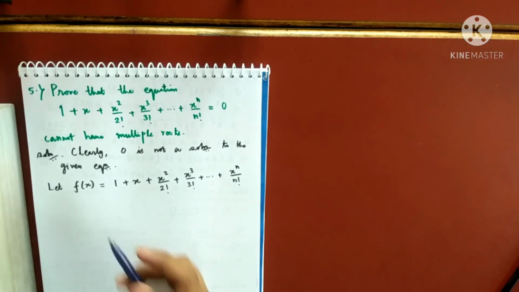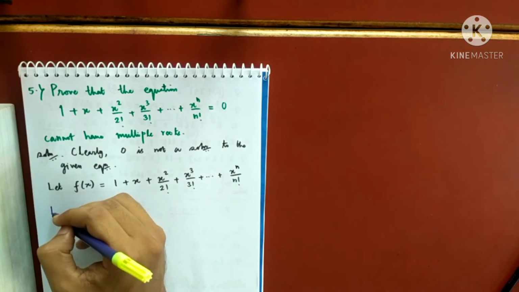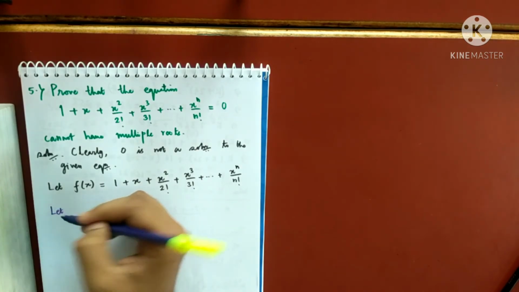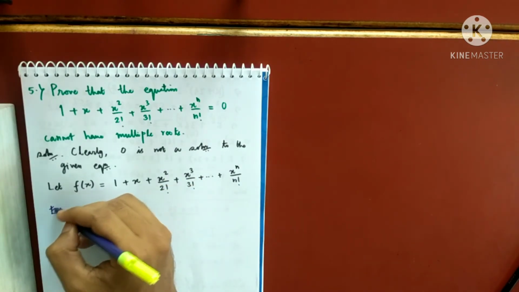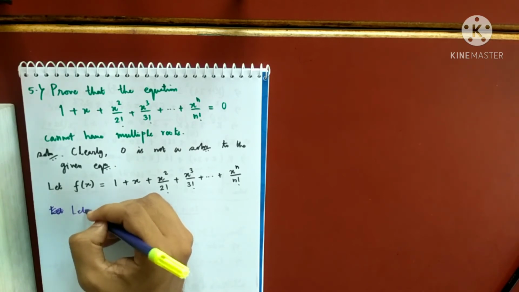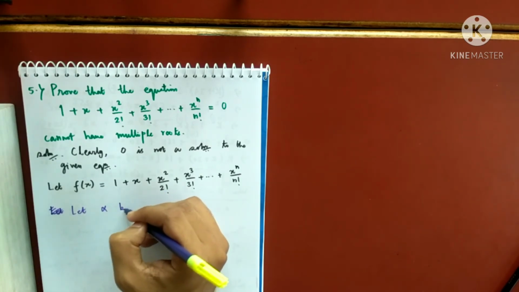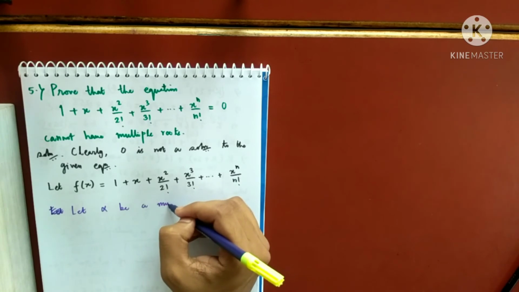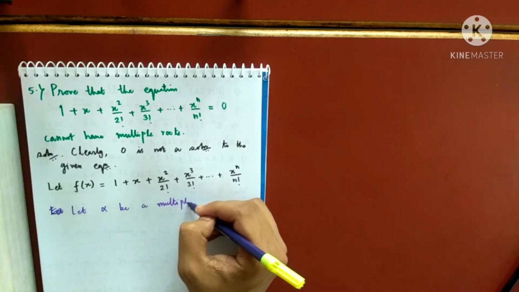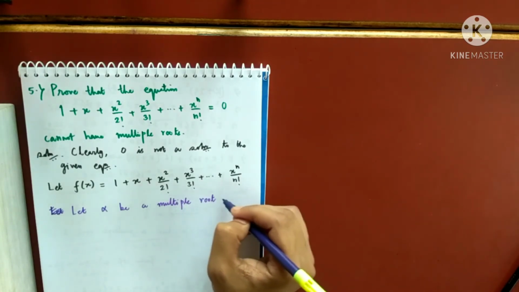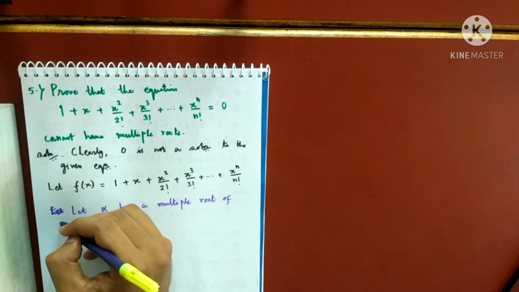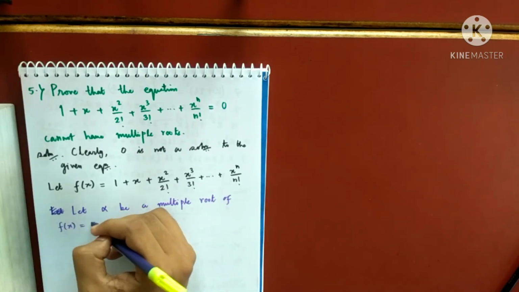Suppose this has multiple roots. This is how we start, using a contradiction. So let alpha be a multiple root of f(x) equals 0.